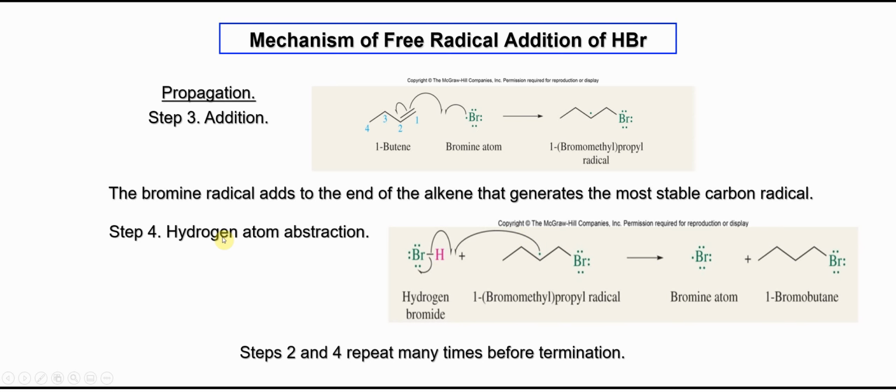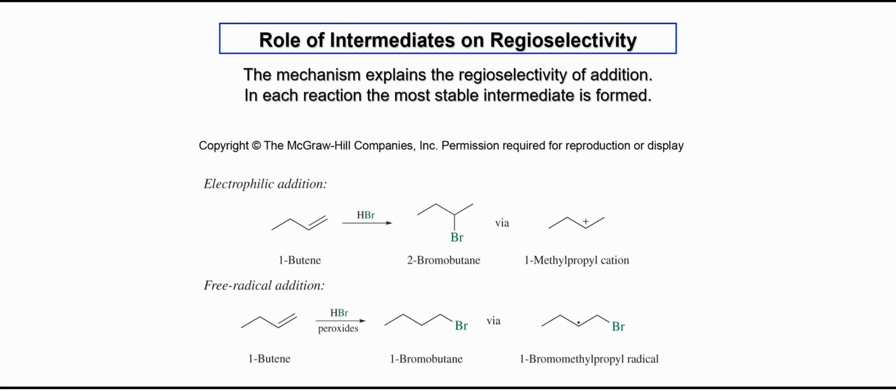So you have your hydrogen abstraction, and then these steps, 2, 3, and 4, keep repeating. You also have the termination. If two radicals react with each other, you terminate your radical reaction. That's generally speaking what's happening.